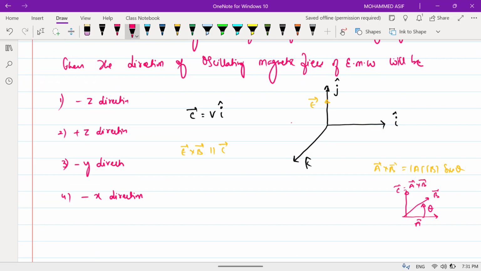The same way here. The electric field is along Y direction. Take your right hand, keep the fingers in the direction of your J cap. Now in which direction should I rotate the fingers such that the thumb will give me the direction of the speed of light? That means it should be in the direction of your I cap. So what should be the direction of your magnetic field?